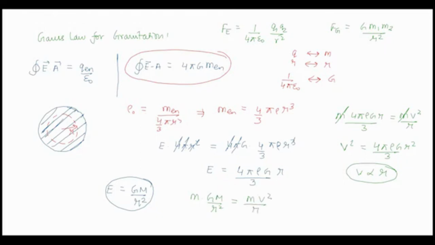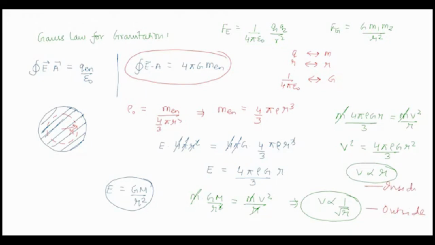So from here we obtain that v is proportional to 1 by root r. So we get an expression like this for outside the sphere, and an expression like the earlier one for inside the sphere.